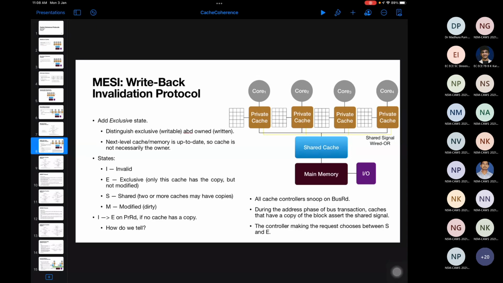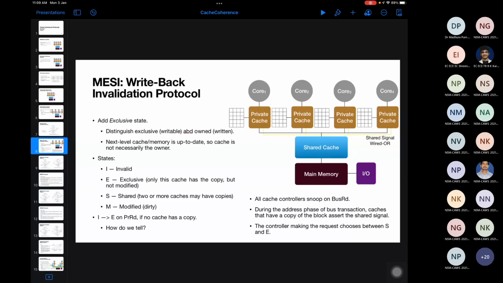If they find the data, they just set this wired-OR signal to 1. Once the wired-OR signal is set to 1, I know that someone else already has the data, so I have to keep the block in S state only. If no one asserted this wired-OR signal, the block is not present in any of the private caches, so I can safely put the block in E state.